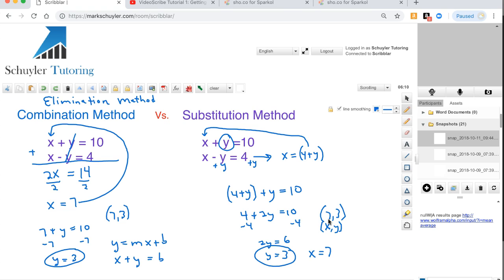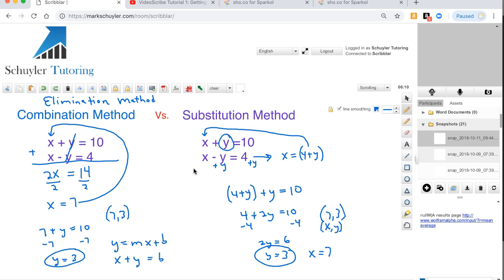Remember, x, y, x comes first, and you have that point of intersection of the two lines. Now, you might be thinking, well, what do I do if I have a really hard system where none of the x's and none of the y's are just a single x or a single y, like 3 x's and 2 y's, or 7 x's and 8 y's? Well, that is a problem.